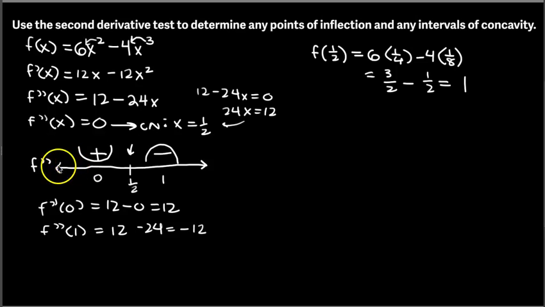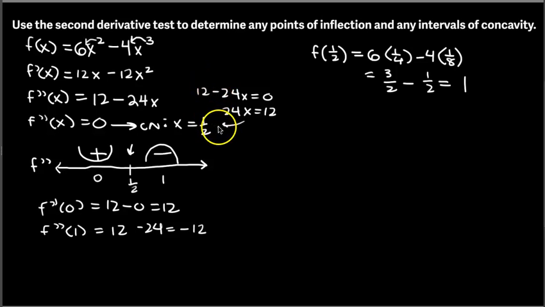Well, that's because whenever the second derivative changes from positive to negative or negative to positive, basically whenever f double prime of x changes sign, that's where the graph of f of x has a point of inflection. And remember, a point of inflection is where the graph changes from concave up to concave down, or concave down to concave up.